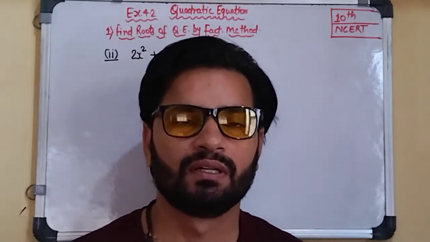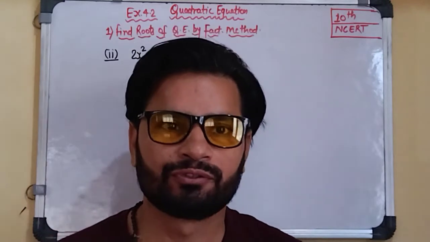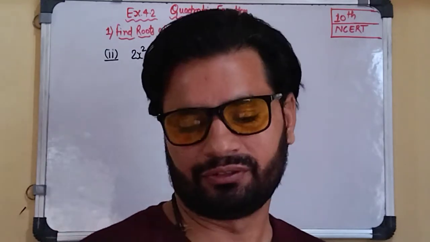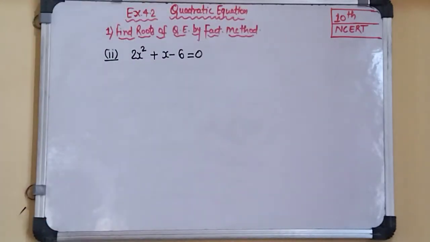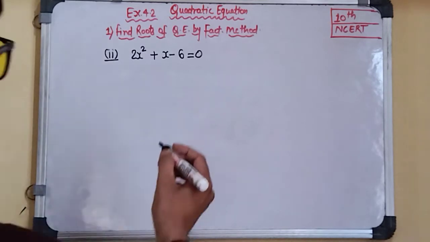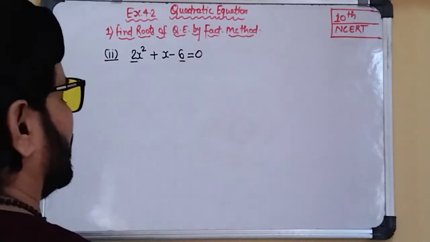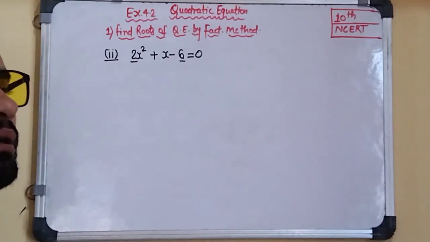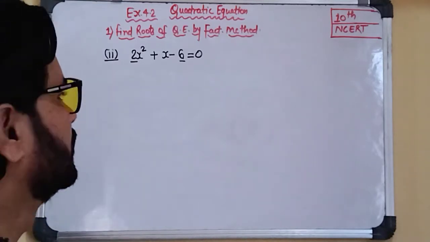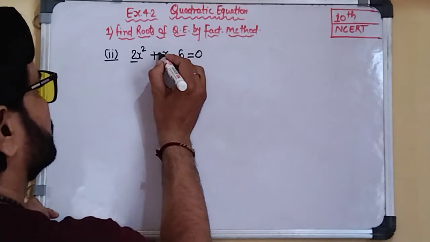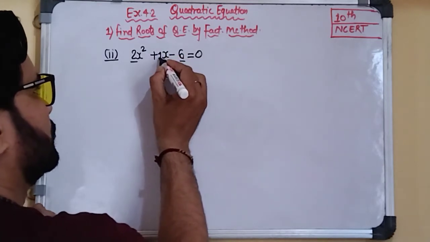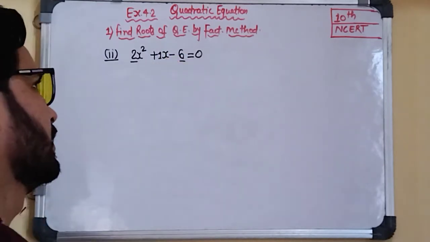This sum is also performed by the same process. First of all, multiply the first and last coefficient: 6 twos are 12, and take the factors of 12 so that we get 1. Here the coefficient of x is 1, so that we get 1.